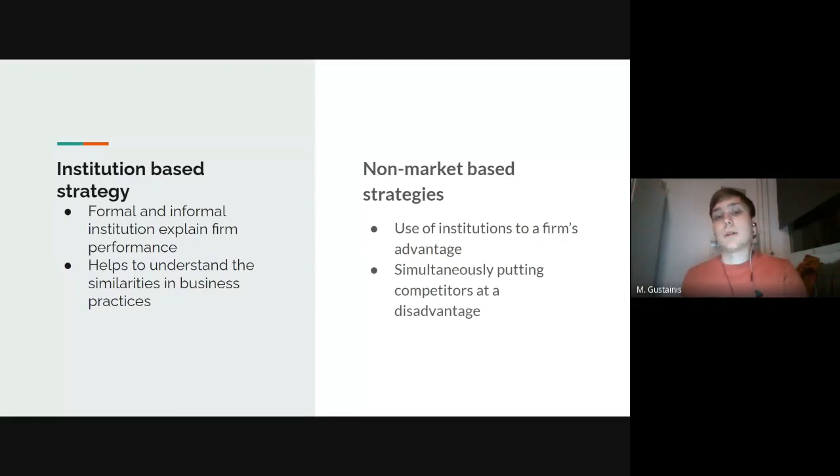Also, we mentioned non-market-based strategies with the use of institutions to a firm's advantage. These institutions can be very out of the box and usually affect other firms negatively since they cannot get this advantage. So these are the types of strategies that we talked about.